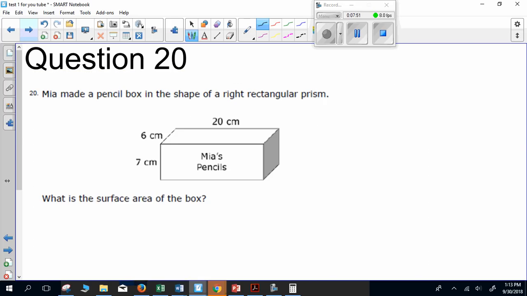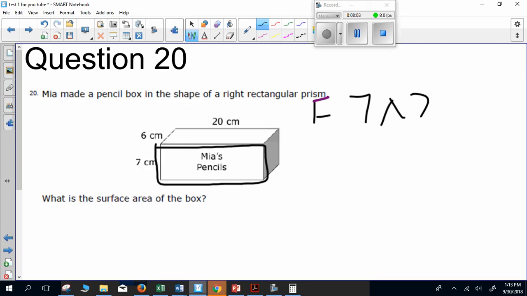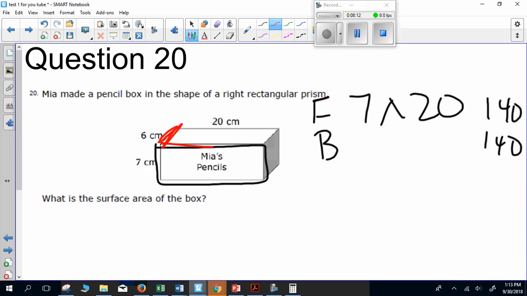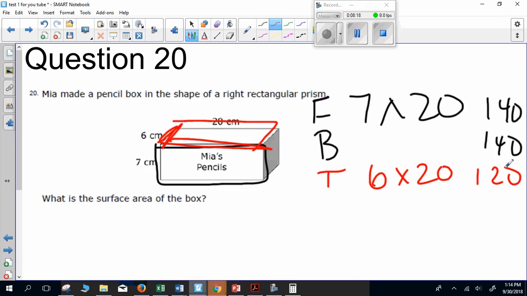And then the final question. The final question says, Mia made a pencil box in the shape of a right rectangular prism. So if I look at this front bit here, it measures 7 by 20, which is 140. And so the back also is 140. If I look here at the top, this is 6 by 20, which is 120, which means the bottom is 6 by 20, or 120.